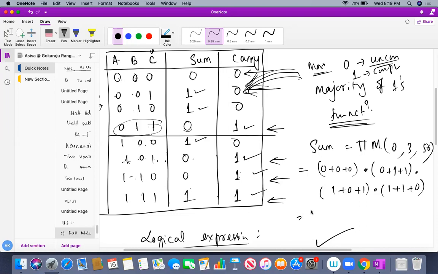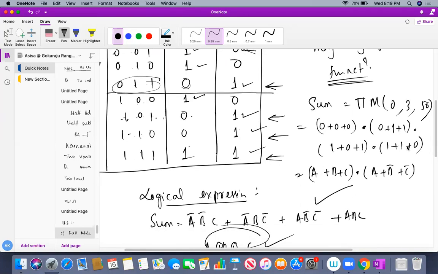Now put those things: 0 means uncomplemented. Put A or B or C, and A or B bar or C bar, and A bar or B or C bar, and A bar or B bar or C. Do you all understand? So very simple.